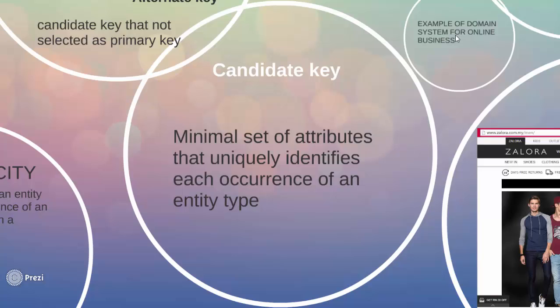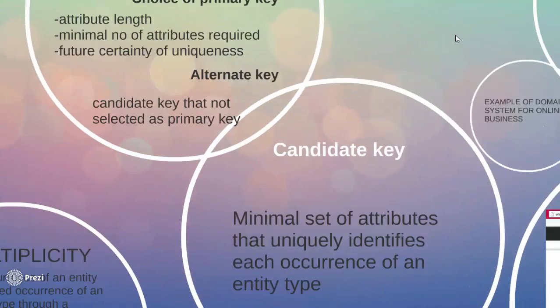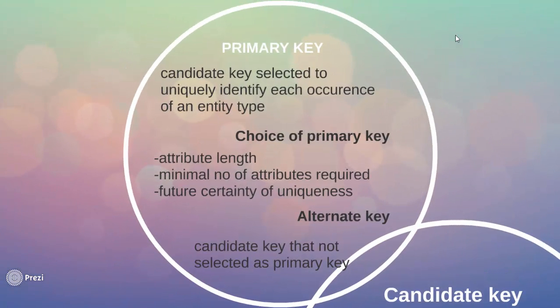It means candidate key is the key that have potential to be primary key. Primary key is candidate key selected to uniquely identify each occurrence of an entity type. Primary key must be uniquely identified. It means everyone will have different identification like IC number.